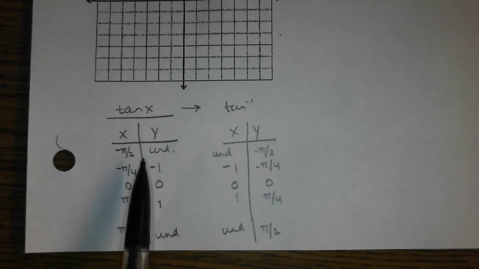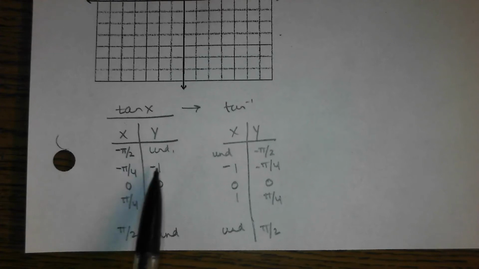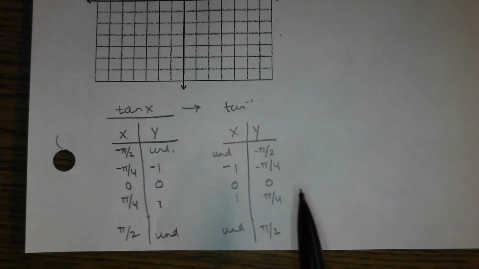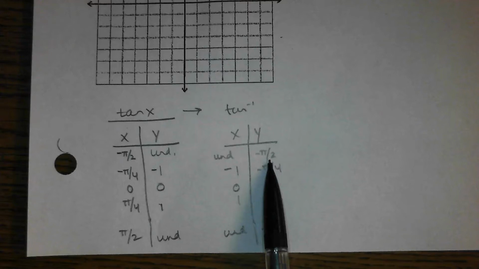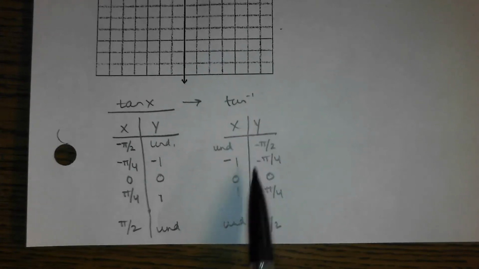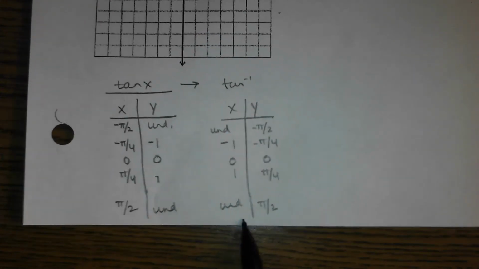So when our graph is undefined, that means we have a what? Asymptote. So we're going to have an asymptote at a y-coordinate of negative pi over 2 on the inverse tangent graph, and at positive pi over 2.